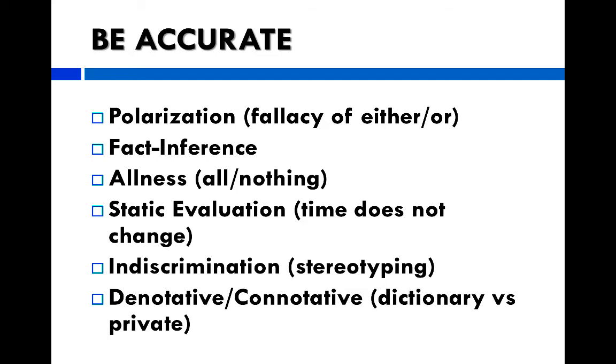Don't ask me to choose either or if there isn't any great reason for why I should choose this over this. Don't make something appear to be a fact when it's an inference. Don't use allness. Tell me everyone, no one, always, never.